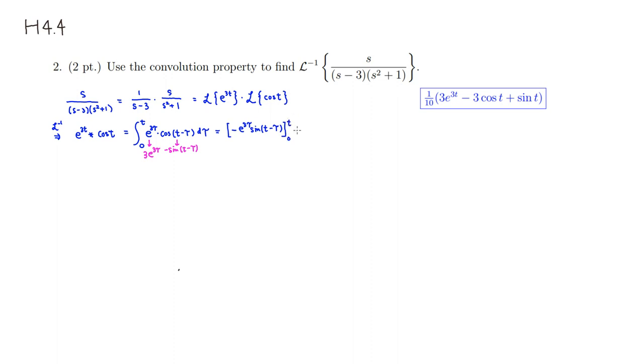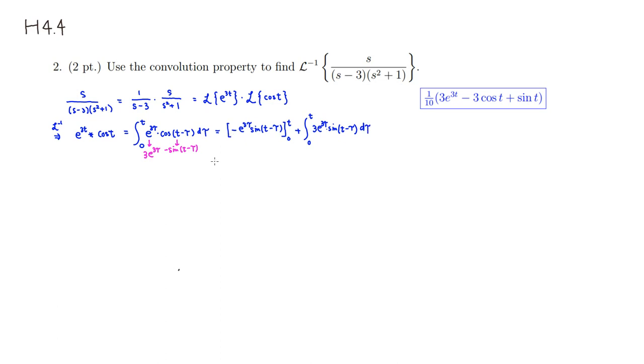Minus, there's a negative sign here, so it's going to be addition, and then we have an integral from 0 to t of 3 e to the 3 tau multiplied by sine of quantity t minus tau with respect to tau.